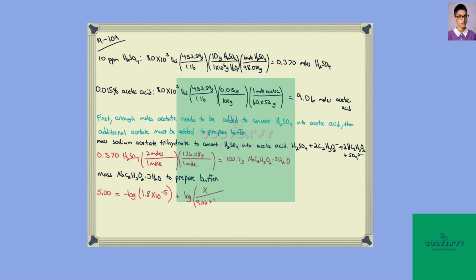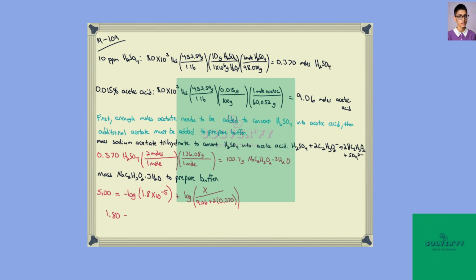The moles of my acid is going to be equal to the moles that was present plus the moles that I just made by converting all of this into acetic acid. And for every mole of this, I make 2 moles of acetic acid.